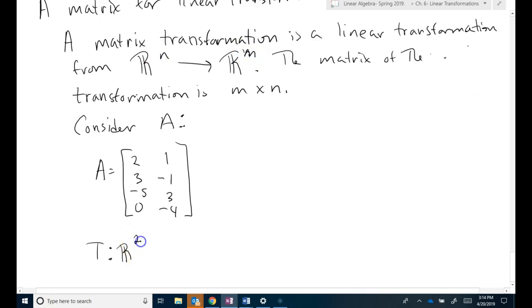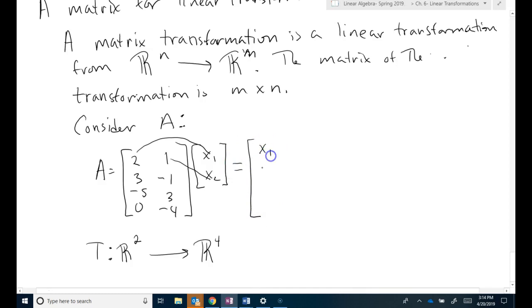And then it's going to go from R2 to R4. The reason why is that my input vectors, if you think about this like a function, are going to be x1, x2. By matrix multiplication, I'm going to have 2x1 times 1x2. That's what are going to be my inputs. And then my outputs are going to be in R4. They're going to be x1, x2, x3, x4.